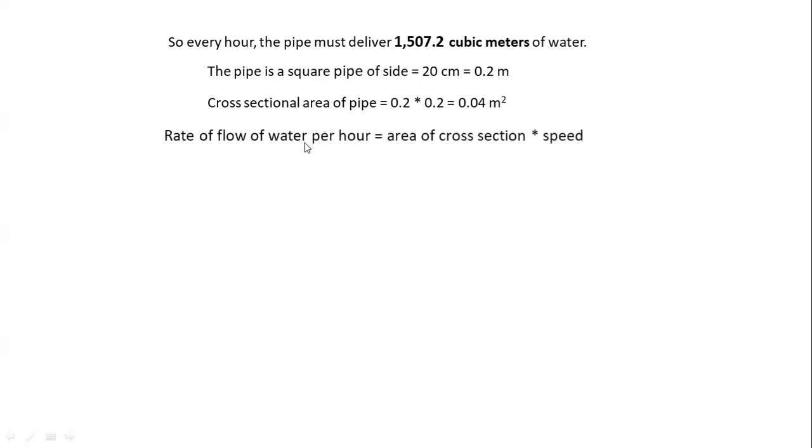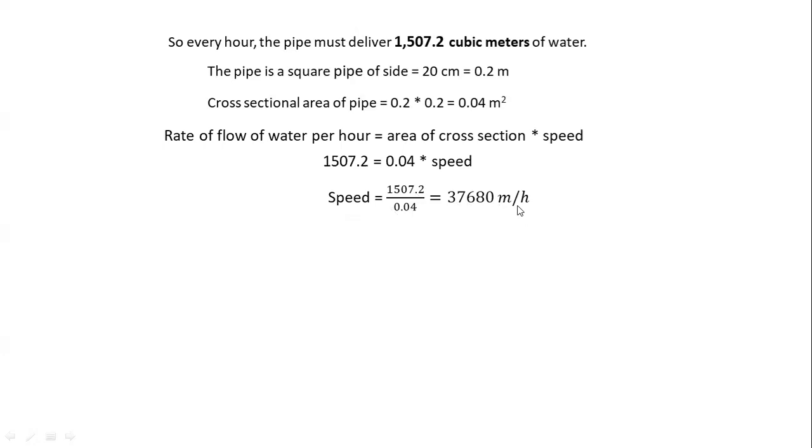Rate of flow of water per hour should be area of cross-section into speed. Rate of flow of water is 1507.2. Area of cross section is 0.04 into speed. So speed will be 1507.2 divided by 0.04, that is 37,680 meters per hour.